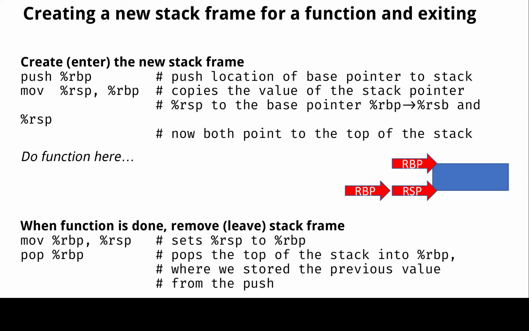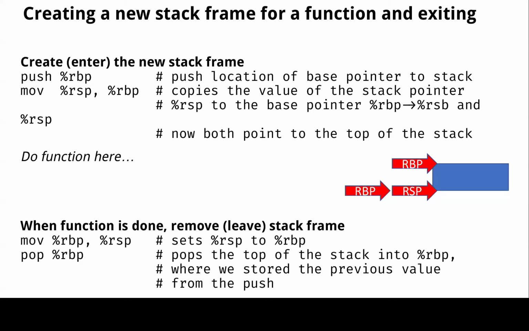Then we are moving the current function's stack frame to RBP. And the current function's stack frame at this point is at RSP because we just pushed. So RSP is changed, and we're moving that value to RBP. Then we can have our implementation of the function there. What we had before for the previous function are 4 function calls, right? Then when we return, the function is done. We want to return to the previous place.